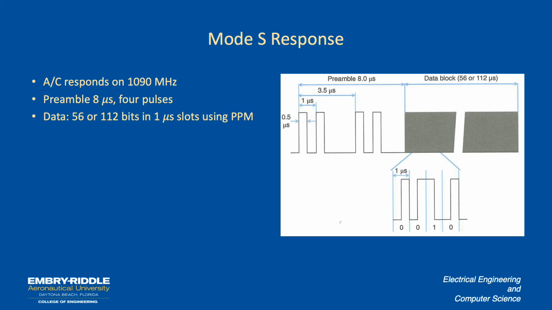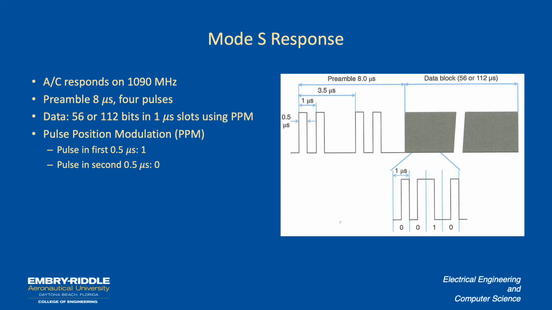These are encoded in 1 microsecond slots using what's called pulse position modulation. In pulse position modulation, if the first half of that 1 microsecond is turned on, that's a 1. And if the second half is turned on, that's a 0.